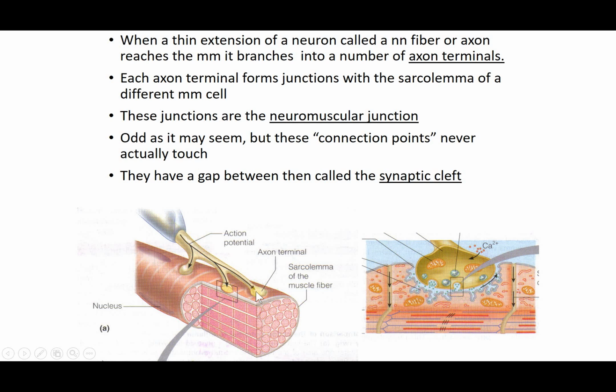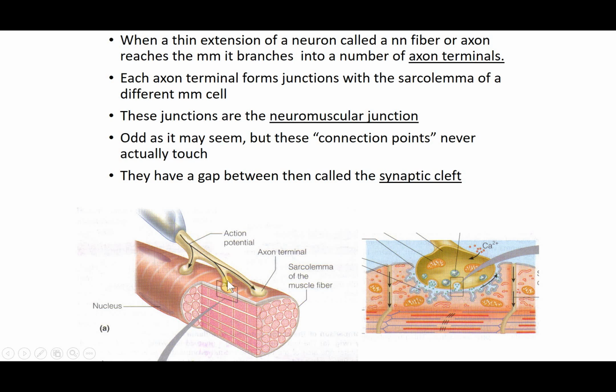Okay, so you're seeing that right here. So this is the end, or the terminal end of the axon, so they just simply call it the axon terminal. And this one is just simply showing you it branches into 3, innervating the muscle here. Okay, now we're going to zoom in.